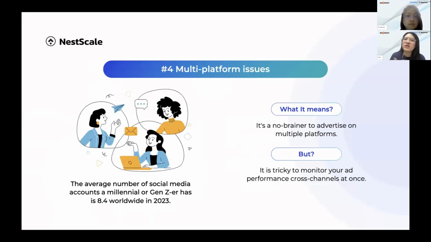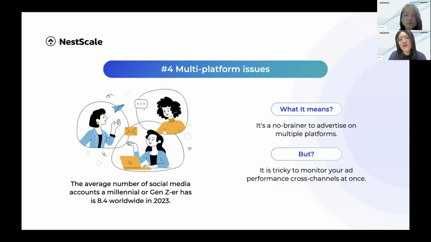Okay, moving on to the next challenge. It's actually quite tricky to monitor ad performance on multiple advertising channels all at once. And if you're like me, you won't only run ads on one advertising platform. Your customers are on several platforms anyway, so you should be too. In fact, according to Global Web Index, the number of social media accounts that a millennial or Gen Z has is 8.4 worldwide in 2023.